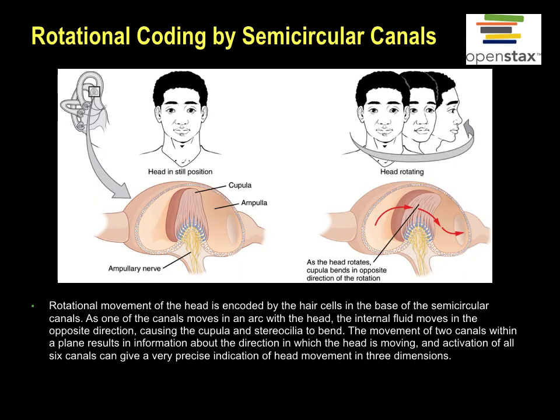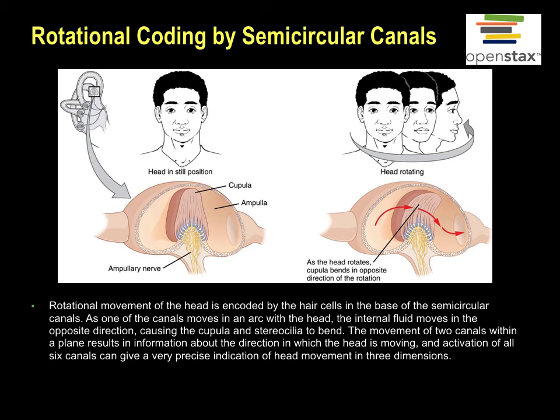Then we also have semicircular canals, which are these ring-like structures that are hollow tubes with a kind of a bulb at the base. And in this bulb, or ampulla, is again a gel-shaped thing with embedded hair cells. And when fluid flows around in this tube, it can cause this cupula of gel to bend, and that will trigger the hair cells again, and the brain will interpret that as rotation in a specific direction.